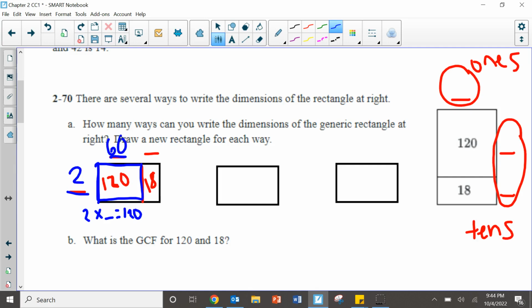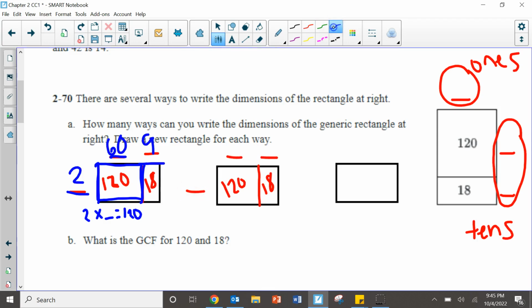Same thing for this box: 2 times what gave me 18? Hopefully you said 9. So that's one way to break this up: 120, 18.